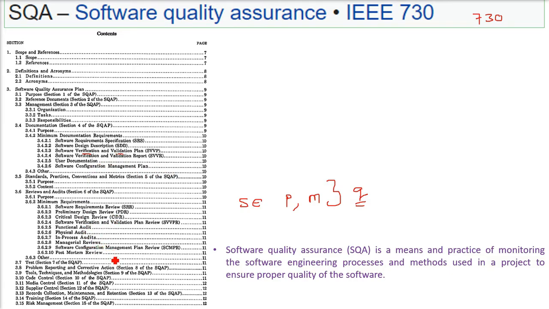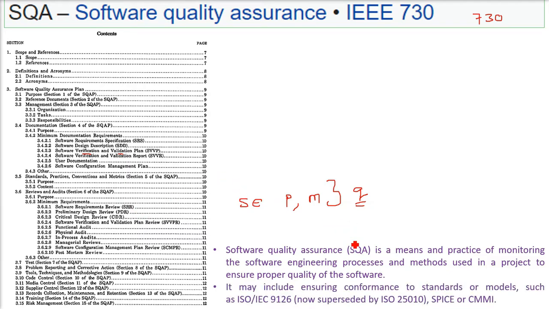You see, most of the time you are seeing verification and validation. This is the plan, this is the report. It may include ensuring conformance to standards or models like ISO/IEC 9126.